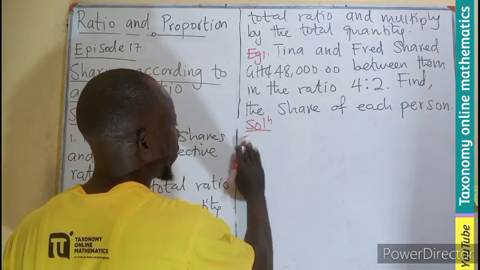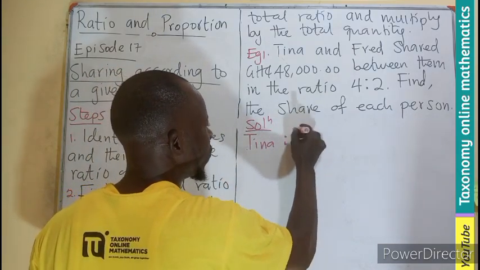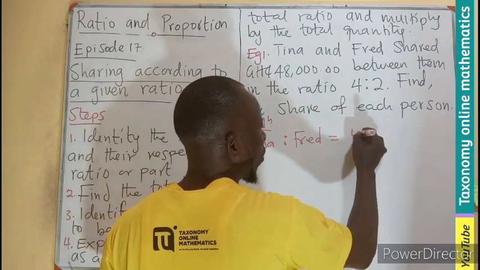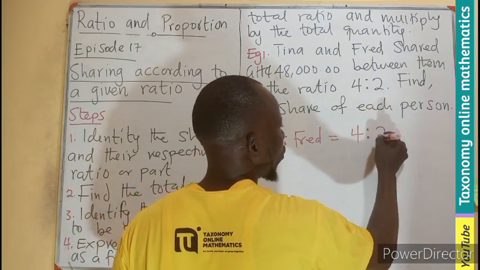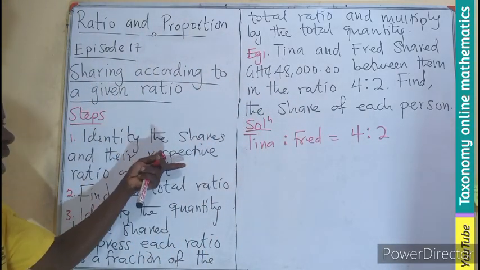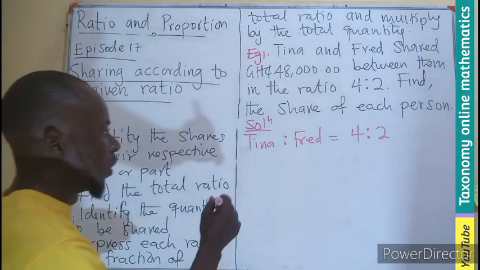Tina is to Fred, and that is equal to their ratio 4:2. So we have identified the shares and their respective ratio. Then the next thing is to find the total ratio.